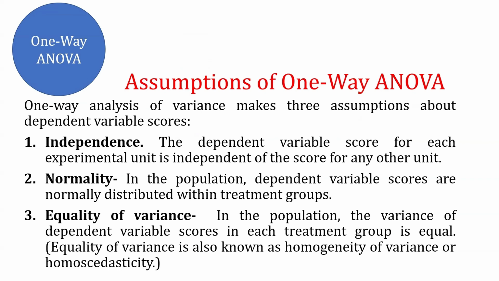And the normality in the population, dependent variable scores are normally distributed within treatment groups. And equality of variance in the population, the variance of dependent variable scores in each treatment group is equal. Equality of variance is also known as the homogeneity of variance or homoscedasticity.